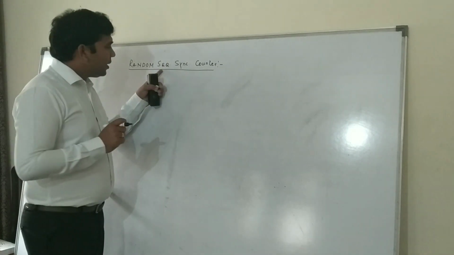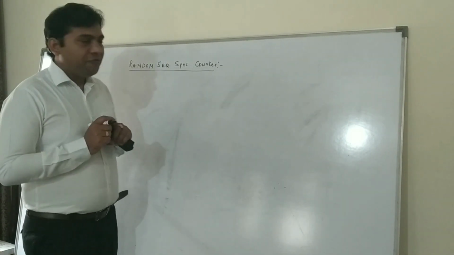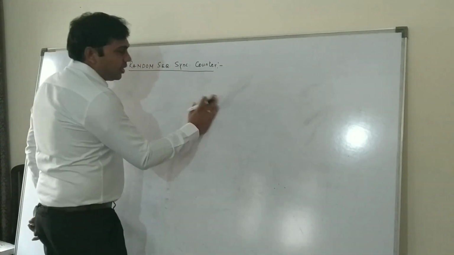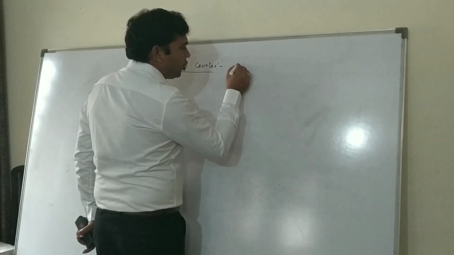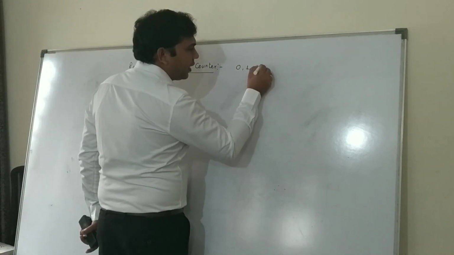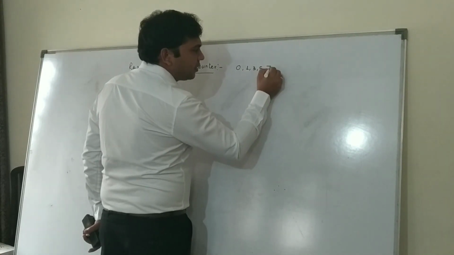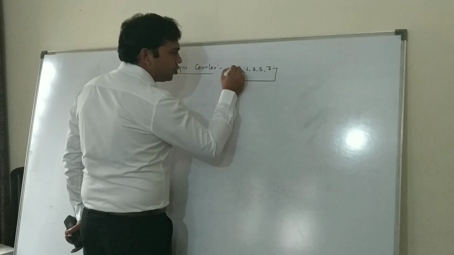So today let me take an example of a random sequence. Suppose in this particular example let me take any random sequence. We can take 0, 1, 3, 5 and 7, and let's say I want the counter to go back to 0.